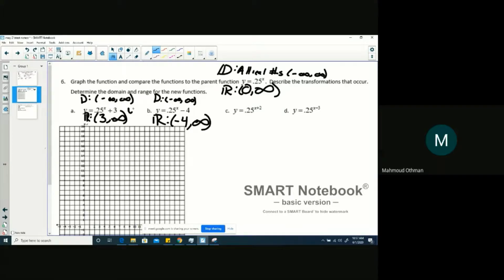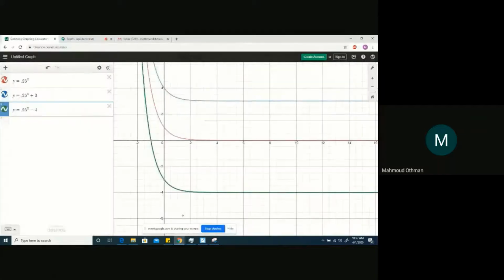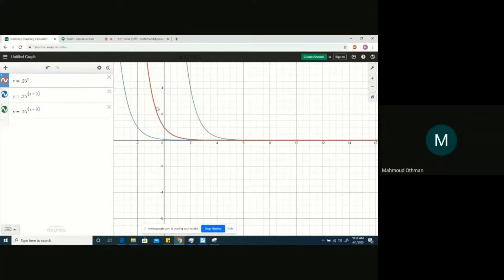So this one is up 3, and this one shifts down 4. Let's test out this graph and this graph right here. Let's look at our parent function, our original function, y equals 0.25 to the x. Then our second function, y equals 0.25 to the x plus 2.